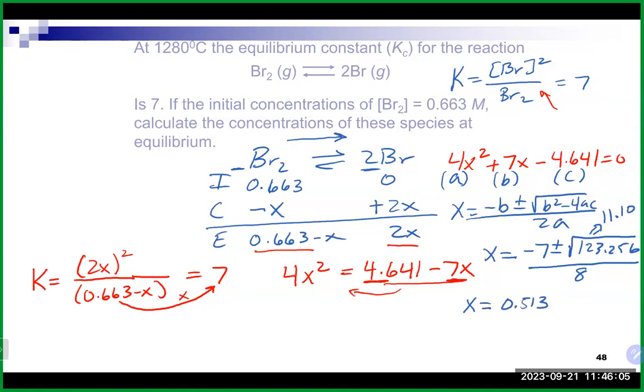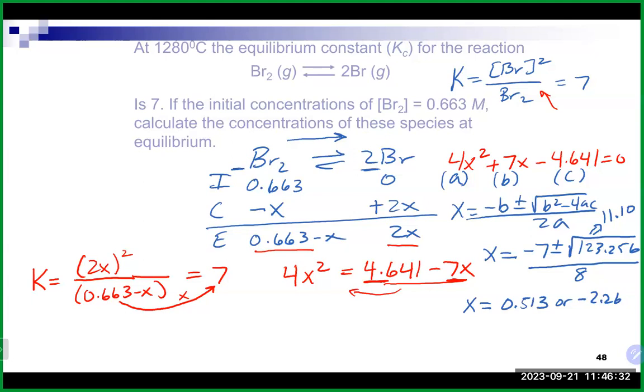I'm now going to do the minus, so negative 7 minus the 11.10, and divide it by 8. That's going to give me a negative 2.26. Any questions on how to solve that?